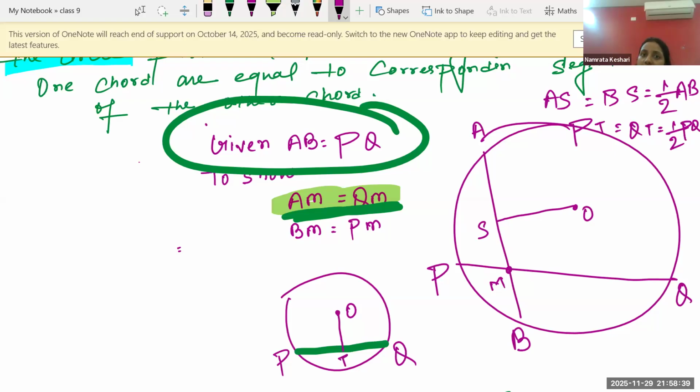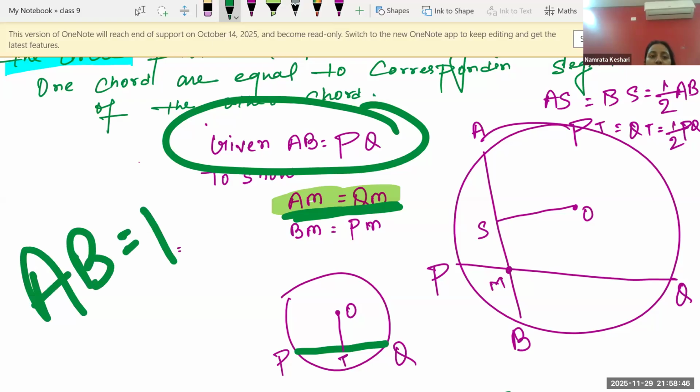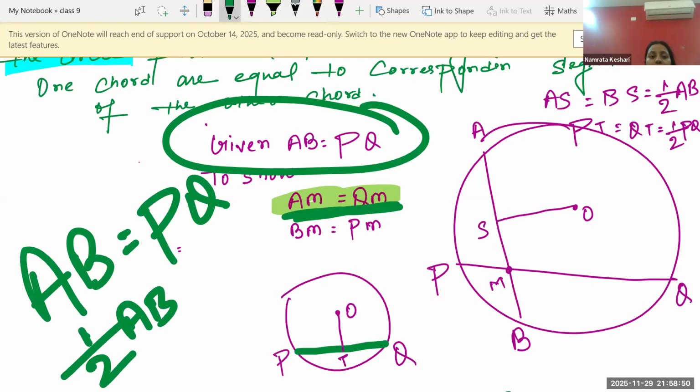Now here we need to understand that the complete length AB and the complete length PQ are the same. That means half of AB and half of PQ will be the same. While taking half of AB, please don't get confused. I don't want you to get into the loop of searching which side you will be taking.